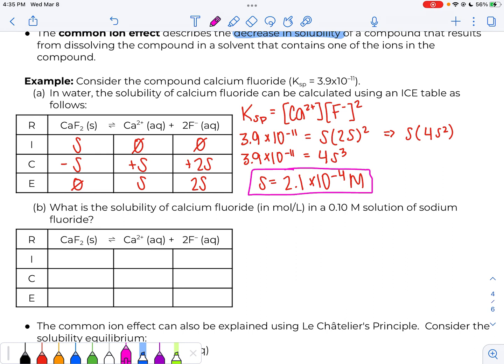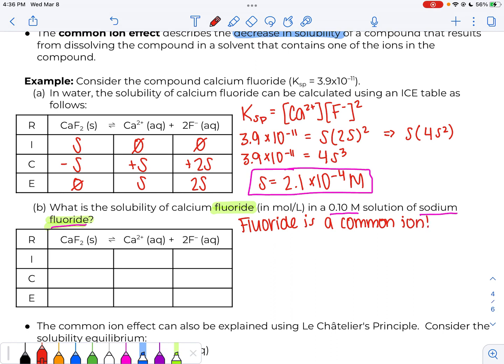All right, so this is our solubility in water. Now let's say we're trying to compare the solubility of calcium fluoride, in moles per liter, if we're trying to dissolve that calcium fluoride in a 0.1 molar solution of sodium fluoride. It's no longer dissolving in water, we're dissolving in sodium fluoride now. So what do these things have in common? We got calcium fluoride and sodium fluoride, which means that fluoride is a common ion.